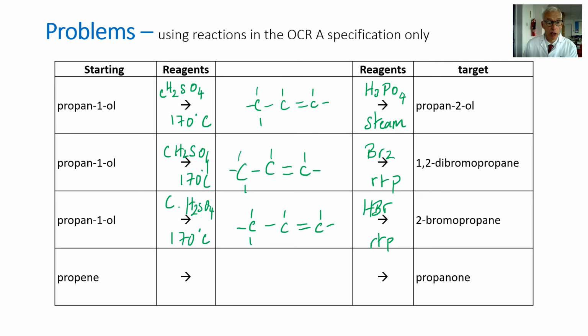And how are we going to go from propene to propanone? Well, we need to go via propan-2-ol.